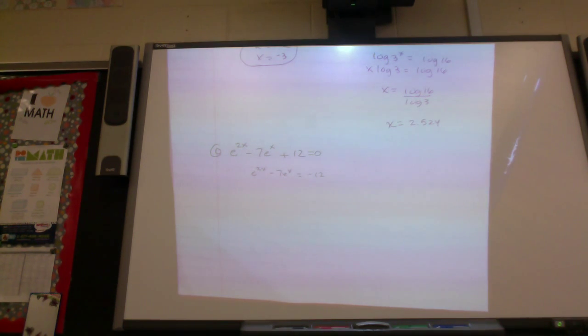Okay, let me ask you something. If I had 2 to the 4th, and I had 3 times 2 to the 4th, is this the same as 2 raised to the 12th? Well, what's 2 to the 4th? 16. 3 times 16 is 48.